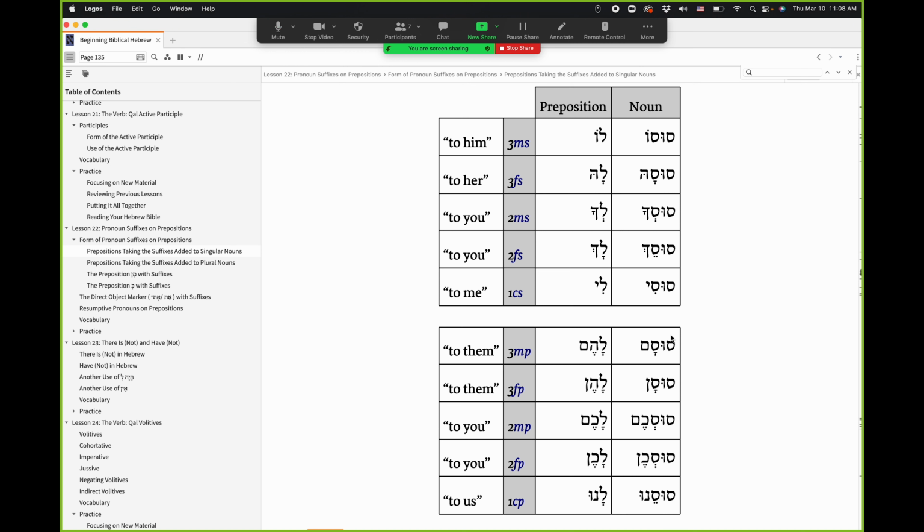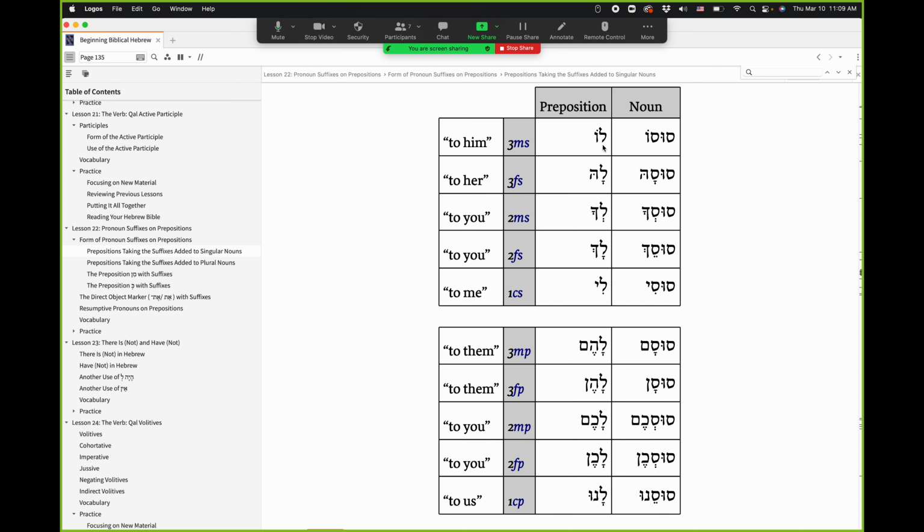In the first group, the possessor is singular as well: his horse, her horse, your horse, my horse. In the second group, horse is still singular, but the possessor is plural: their horse, your horse, our singular horse.